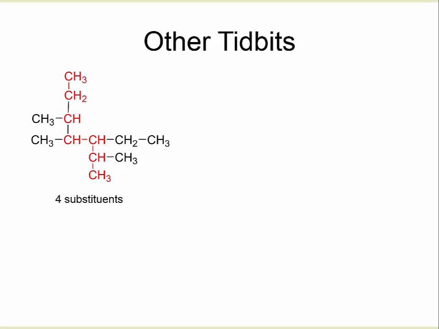So here's our longest continuous carbon chain. When I number it so that the lowest possible number is assigned to the first substituent, I number it this way. And when I look at portions of the molecule, the root is 7 carbons, so I know a heptane is going to be a portion of the name.